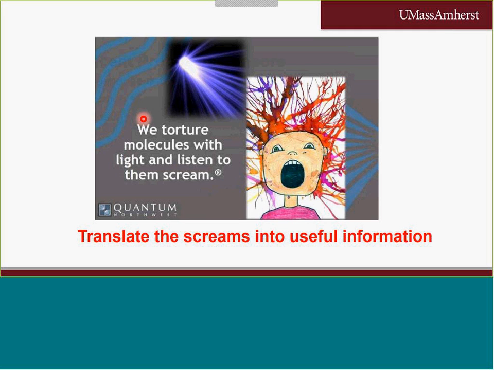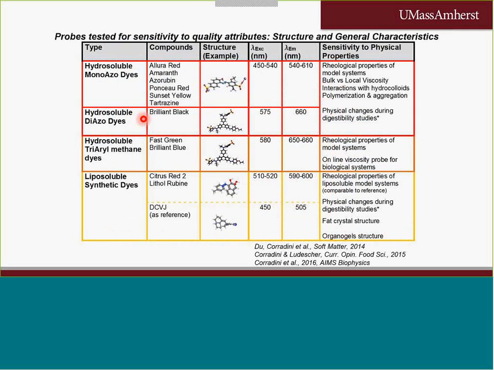In the last 3 years, we have identified around 15 particular luminescent probes that have diverse sensitivity to characteristics of the environment. Most of them, as you can see here, provide information on the physical state of food, such as rheological properties, as you can see for most of these probes.